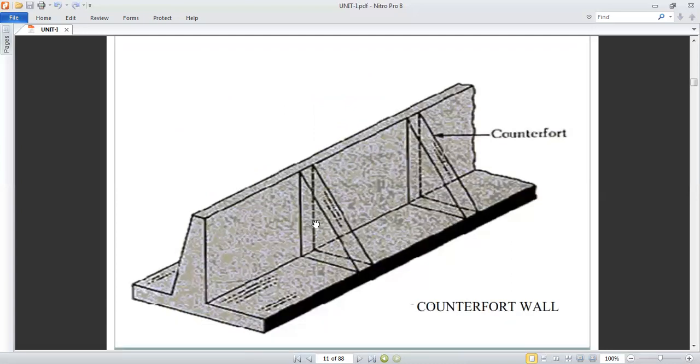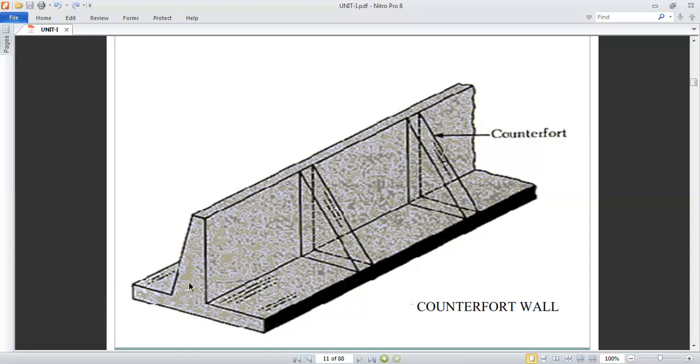In this slide you can see what a counterfort is. It is similar to a cantilever retaining wall, and you can observe a counterfort member. Additional support is provided at the stem wall. This portion is called the stem, this portion is the toe, and this is the heel. You can remember it with your feet: the feet have two parts. On the heel part the load is maximum, and the toe is where your fingers are pressed.